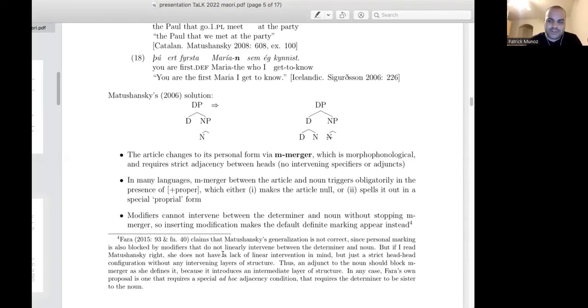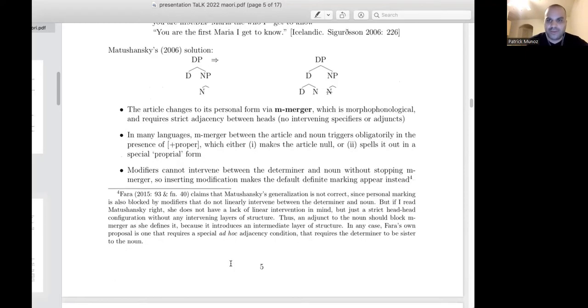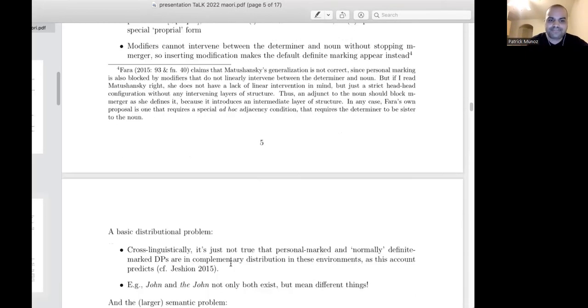So her proposal is that lots of languages require you to morphologically merge the determiner and noun, and this will result in null marking in lots of languages like English, and then in languages like Maori, it will result in a special personal article instead. And the way the operation is defined, modification will break that up. So that's supposed to solve the modification problem.